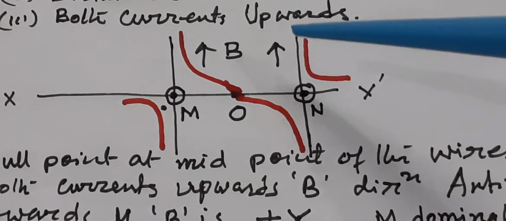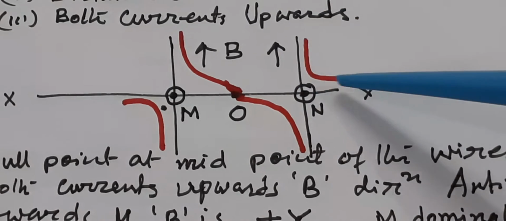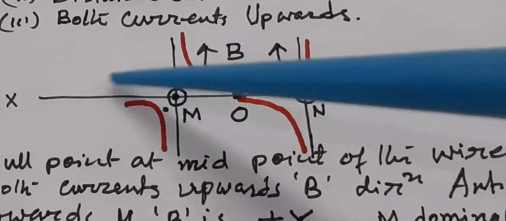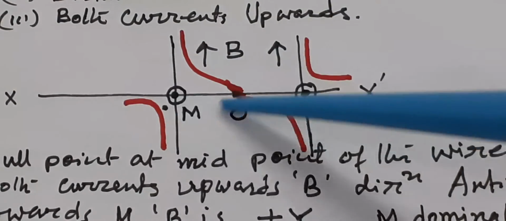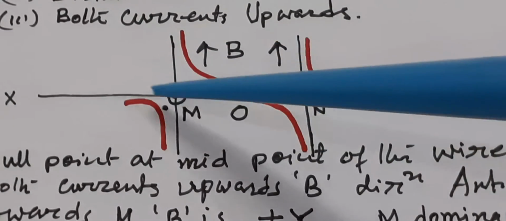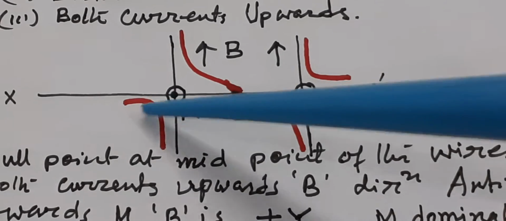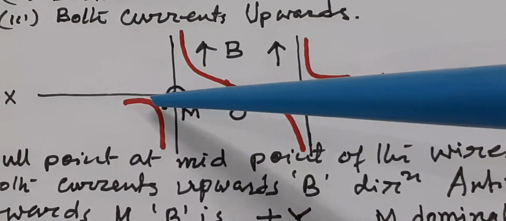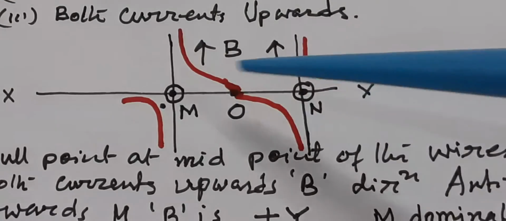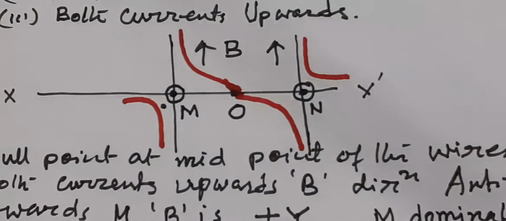Now it is a pattern, maybe 1 by distance, which we have to check. Here, same thing: an anti-clockwise circle can be drawn, and the tangent will show downwards. That means this current's magnetic field will dominate over the other one, so the resultant will be in the third quadrant. So this will be the correct one.